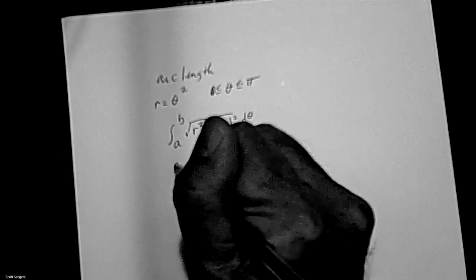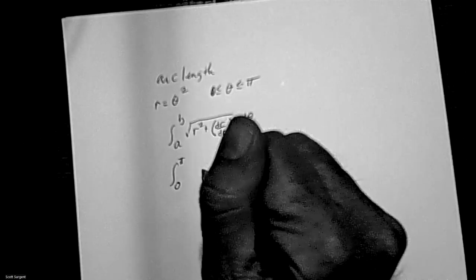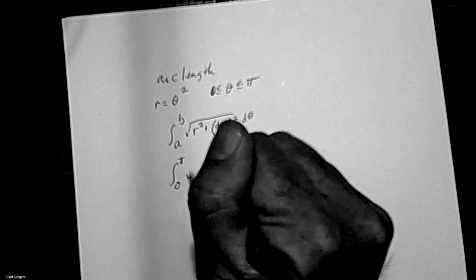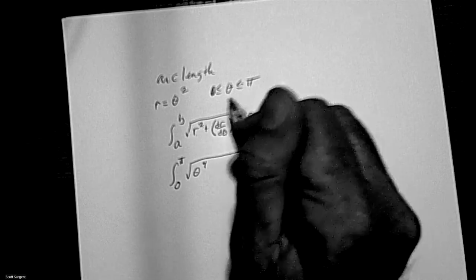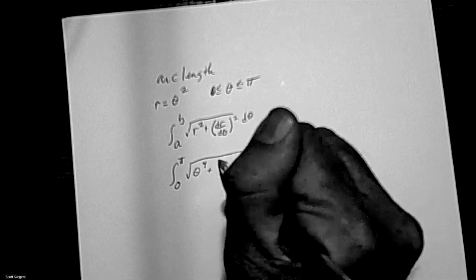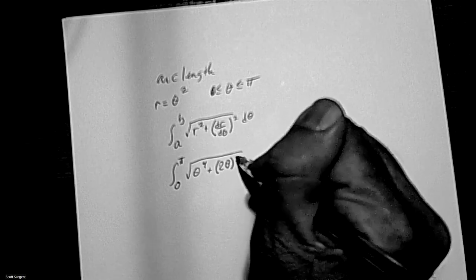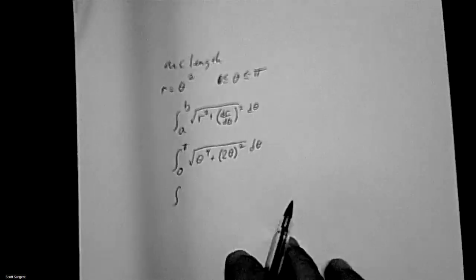So it's going to be 0 to pi. r is theta squared, so that squared is theta to the fourth. dr is 2 theta, quantity squared. So let's see what this gives us.